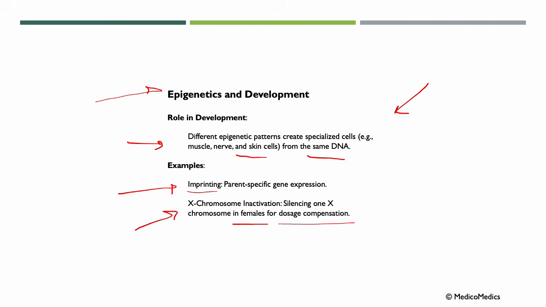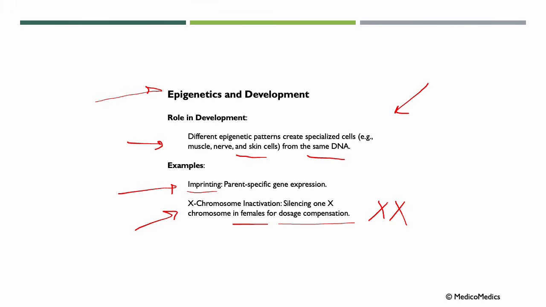This occurs through the action of the X inactive specific transcript gene, which coats the inactive X chromosome and prevents its genes from being expressed. This mechanism prevents overexpression of X-linked genes in females, who have two.